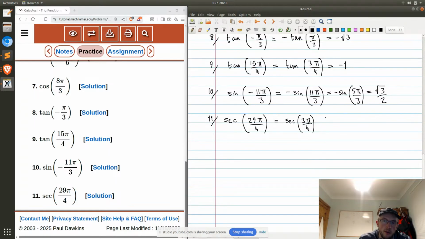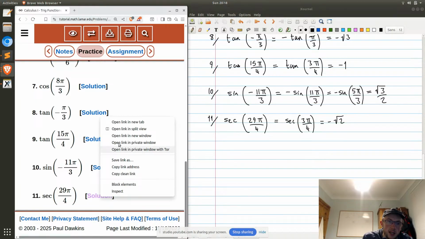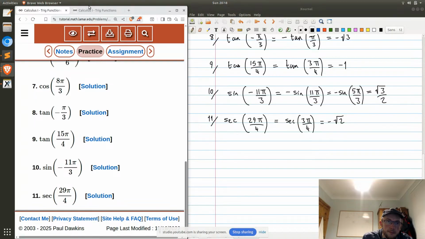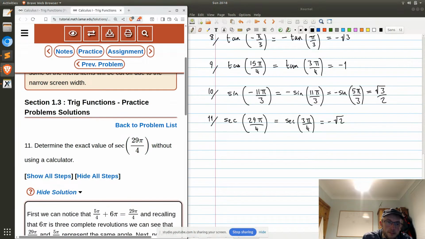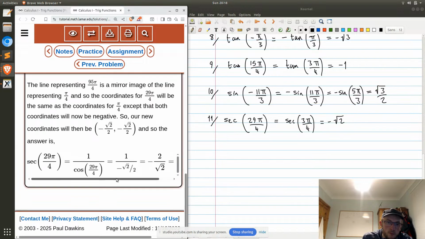So it'd be negative 2 over root 2, which is negative root 2. And let's check. All right, that's correct.